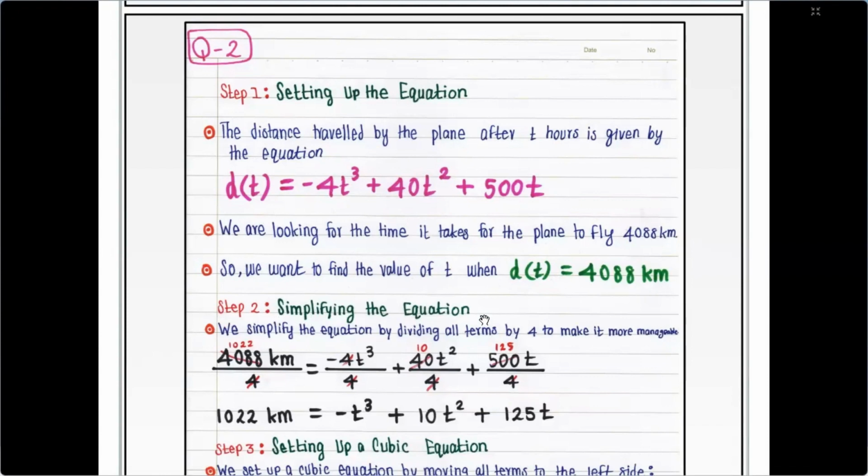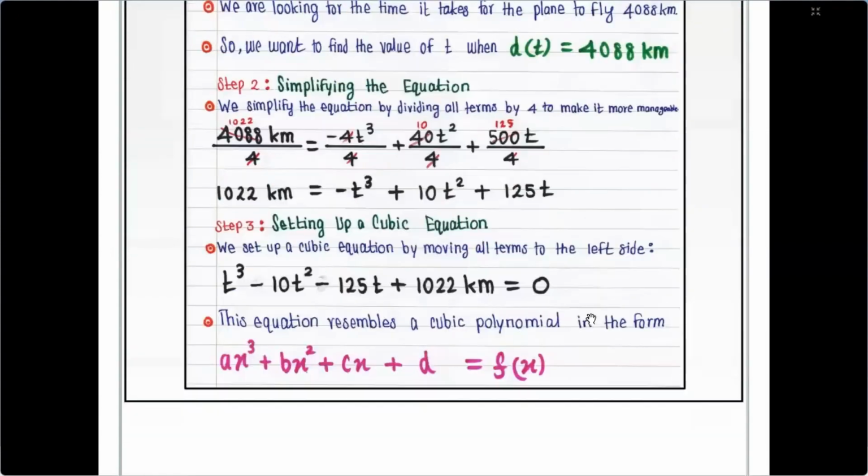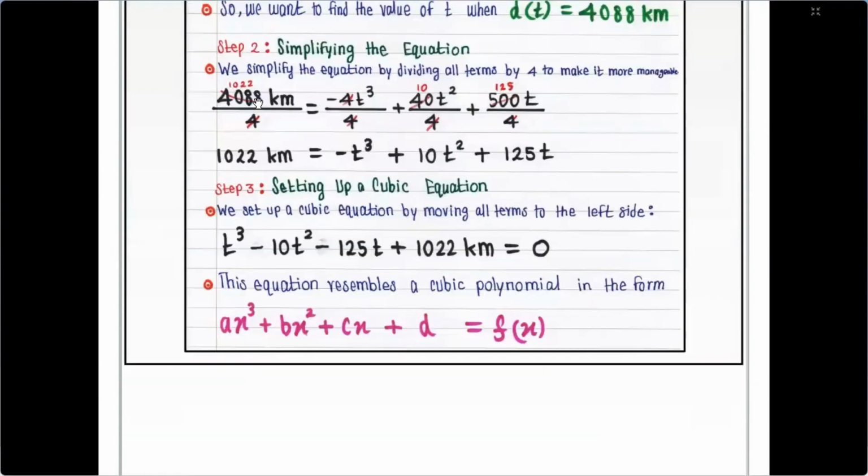Step 2, simplifying the equation. We simplify the equation by dividing all terms by 4 to make it more manageable. So 4,088 kilometers divided by 4 is 1,022 kilometers. So here, minus t cubed plus 10t squared plus 125t. Step 3, setting up a cubic equation.